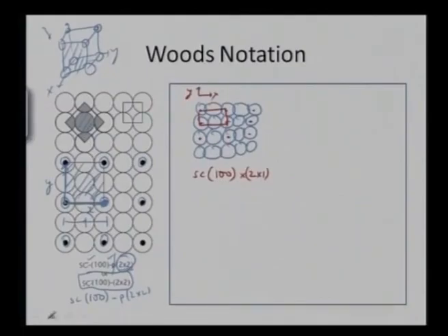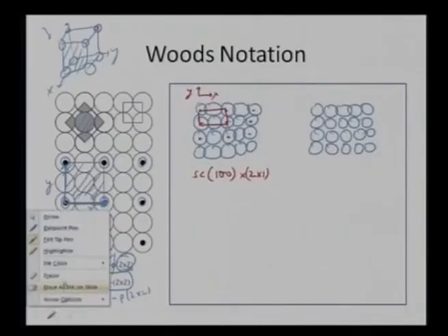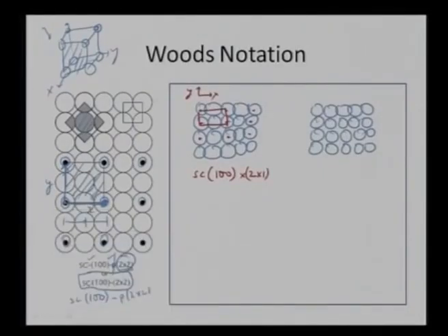In some other case, if we go back and say that my atomic arrangement is like this for a simple cubic 100, and say I had something like this, one adsorbate atom out here, one out here, one out here, one out here, I can take either this as a primitive lattice, or I can also take this as a primitive lattice.